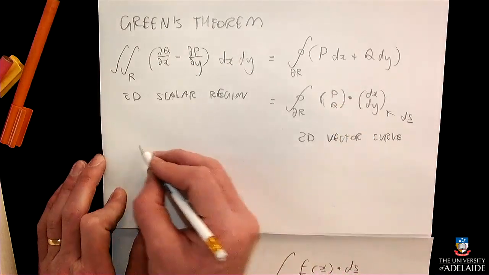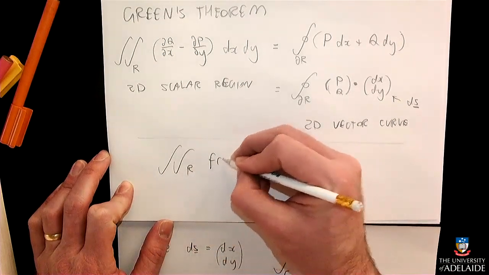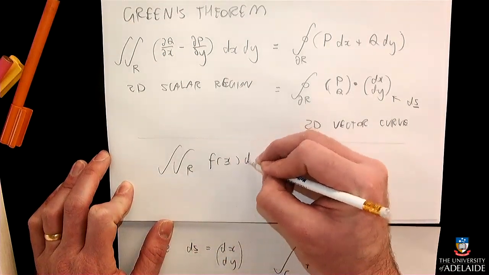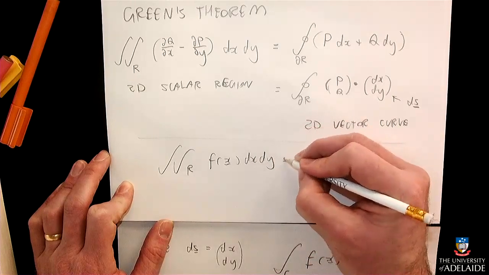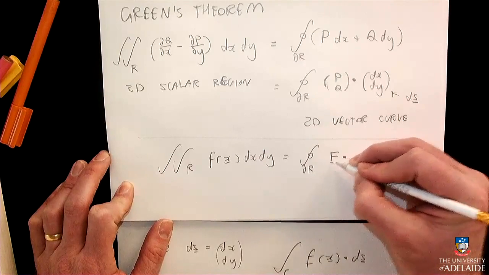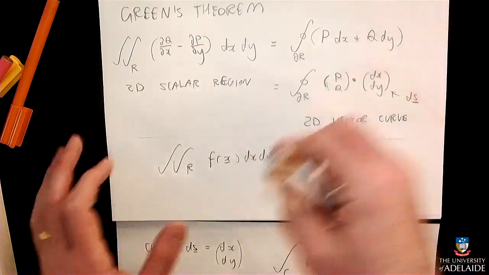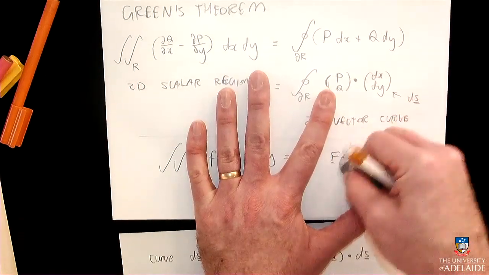So a different way of saying it is to say, damn it, I need to put an X in there, sorry.